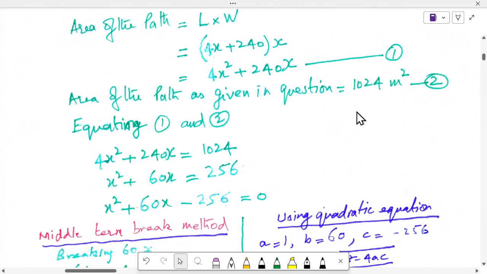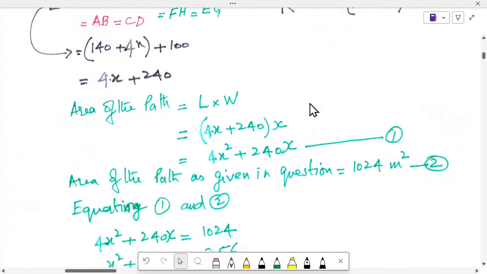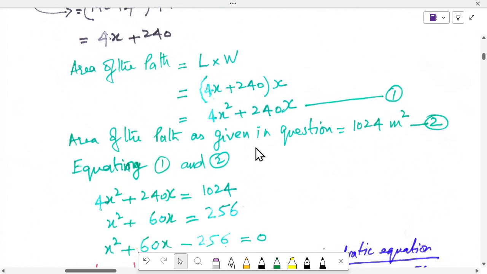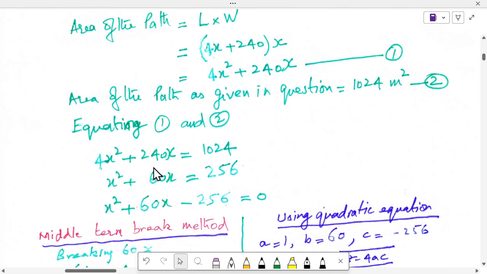Area of the path as given in the question is equal to 1024 meters square. This becomes our equation 2. We can equate equation 1 and equation 2, and it becomes 4x square plus 240x equal to 1024.